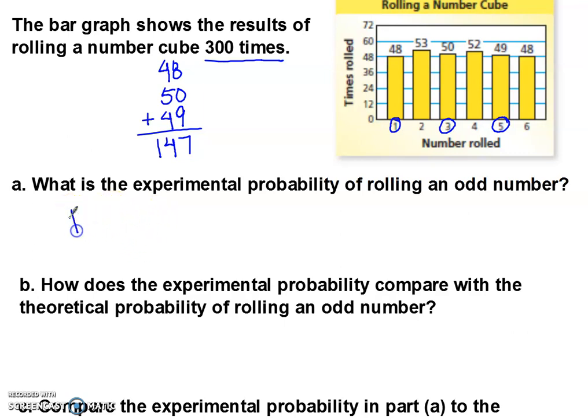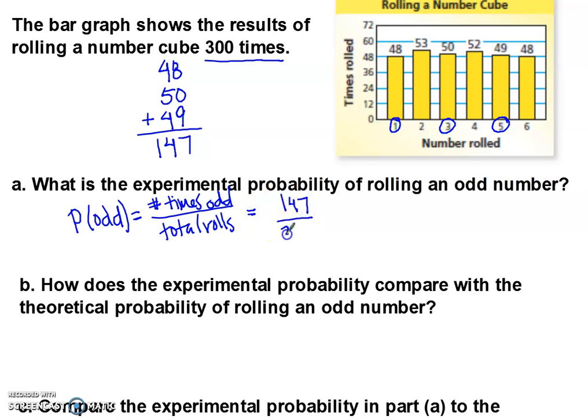Well, the probability of getting an odd is the number of times they got odd over the total rolls. Okay, so they got odd 147 times, and someone rolled that number cube 300 times.